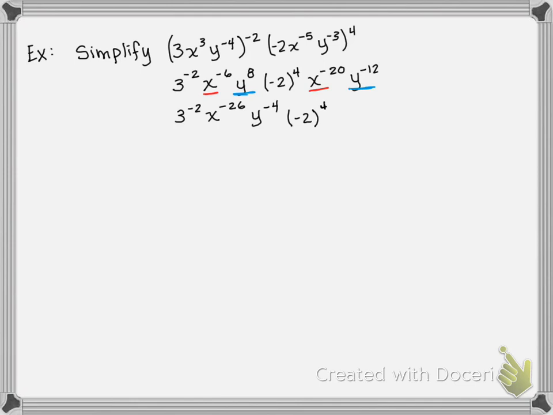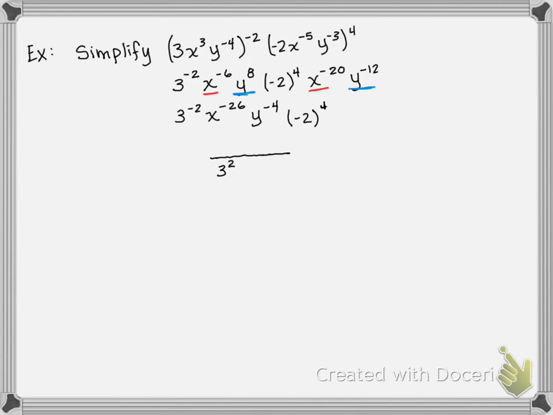Our next question is, are there negative exponents? Some of my exponents are negative, which means I have to take care of that because my final answer should only have positive exponents. This is where we go through factor by factor. My first factor, 3 to the negative 2, I have a negative exponent, so that comes down to the denominator to change it to a positive exponent. So this is 3 squared.